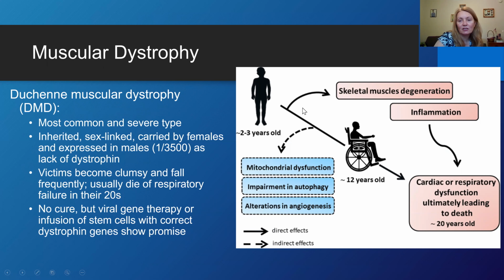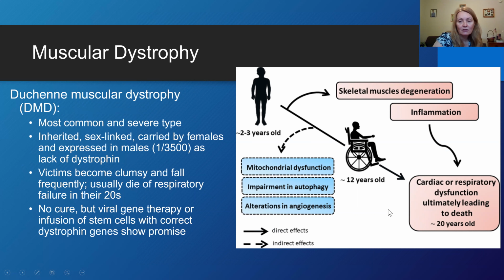It causes skeletal muscle degeneration, and the muscles stop functioning. So the person cannot move his or her body, and will end up in a wheelchair, right? And because the diaphragm is affected, it can cause respiratory failure. There can be inflammation of cardiac muscles and cardiac and respiratory dysfunction.